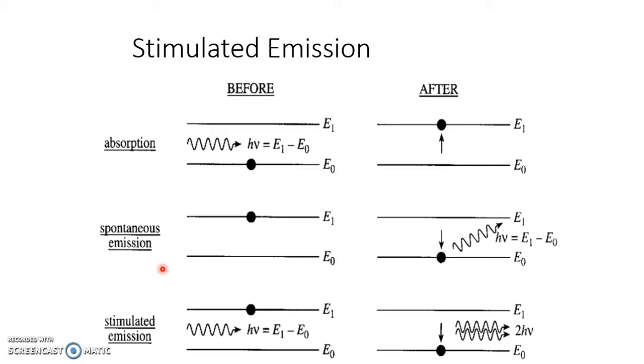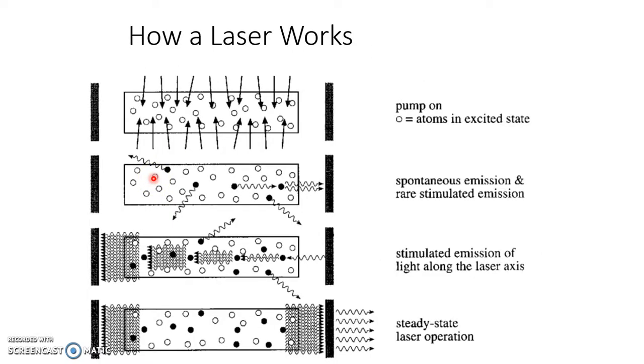So if I have to summarize, you see in this first diagram, the pump is on, so atoms are excited to the high energy state, due to which there is spontaneous emission.